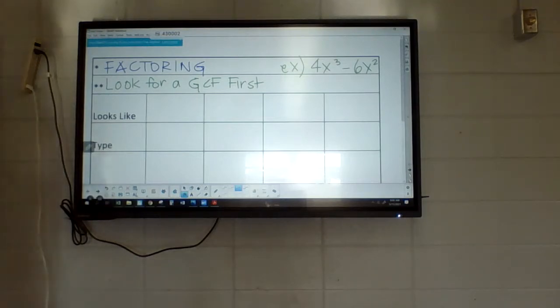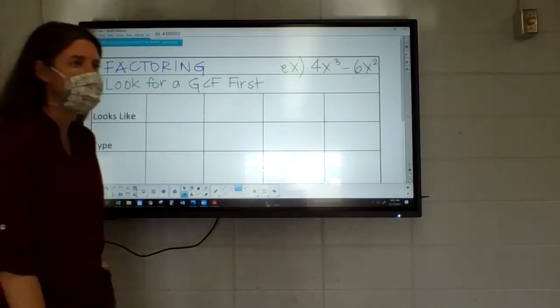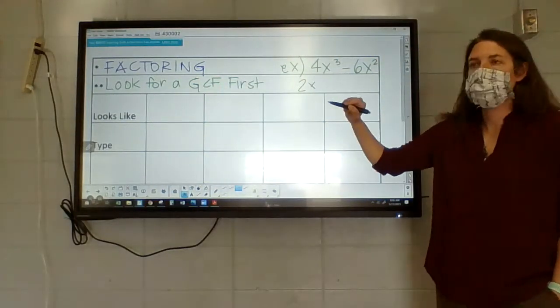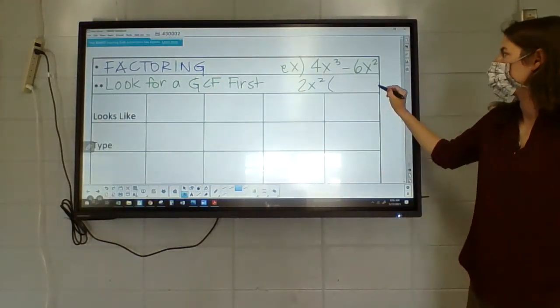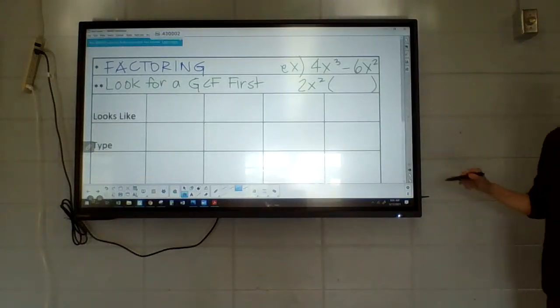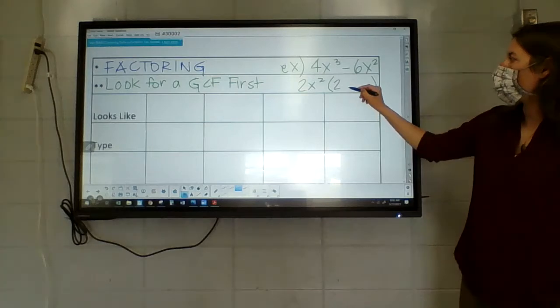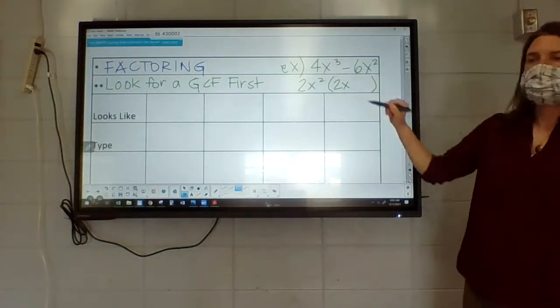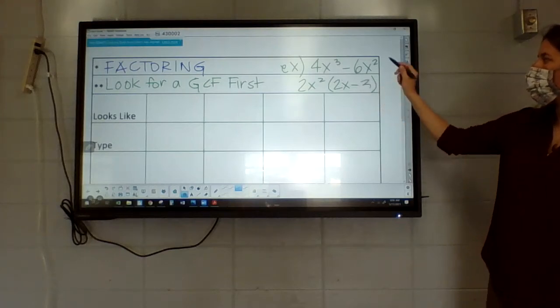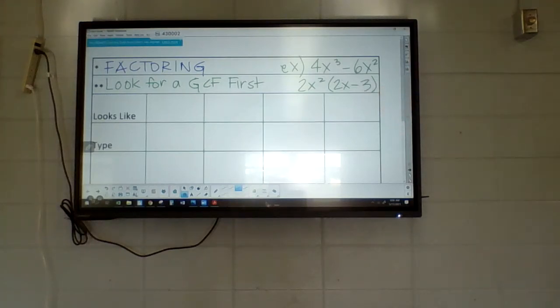What's our GCF in this case? 2, and also an x to the second. So you can factor out a 2x to the second. We'll be left with 2x, just to the first, because 6 divided by 2 is 3, and then the x squareds would cancel. So that would be considered the GCF factoring.